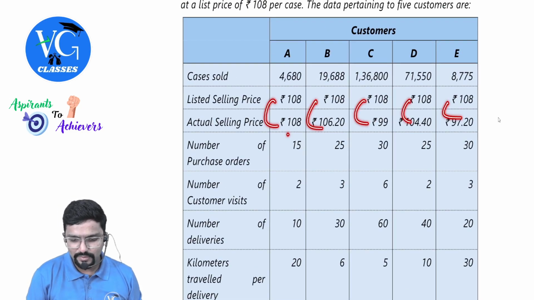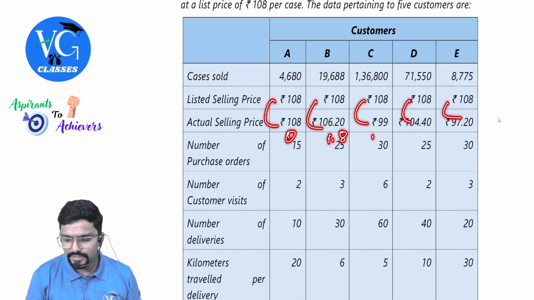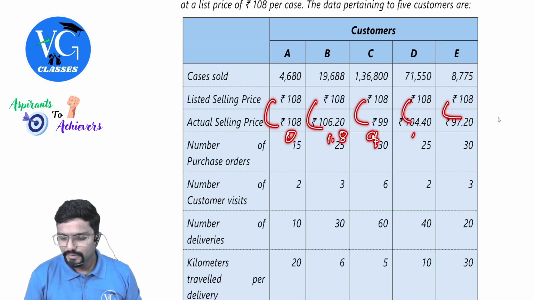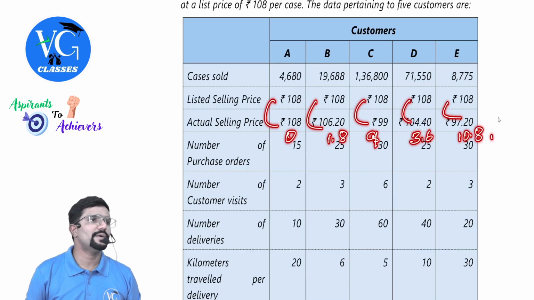So if you ask me what is the amount, here it is 0, here it is 1.8, here it is 9, here it is 3.6, here it is 10.8 per case. If I want to calculate the total, what should I do?